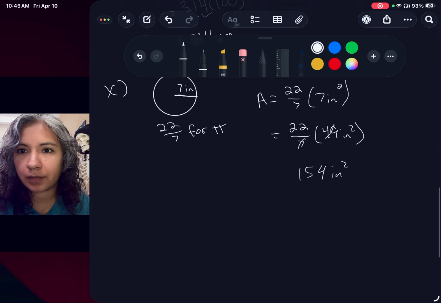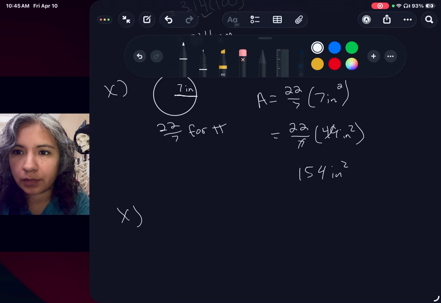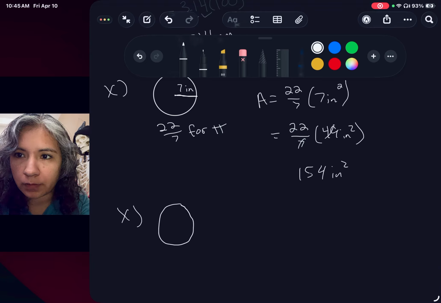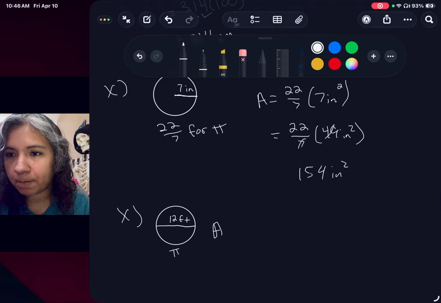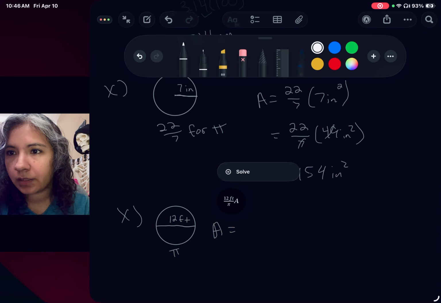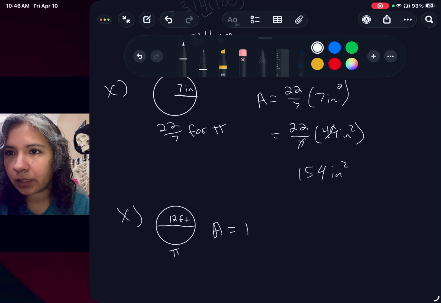And so for this example, let's do a circle where the diameter is 12 feet. And we're going to leave pi as pi. So the area is pi r squared. Our diameter is 12, so we need to divide that by 2 to get the radius.